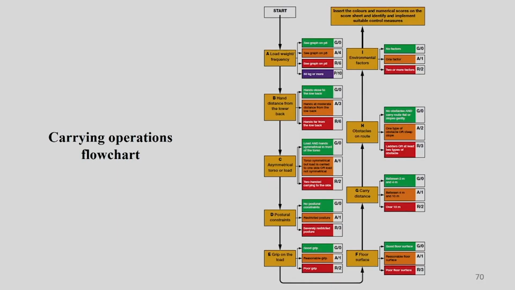Obstacles on the route: if you have obstacles in your route while going from one place to another, then you will find it difficult. Then the last one is the environmental factors, right? So we have all these factors: 1, 2, 3, 4, 5, 6, 7, 8 factors.